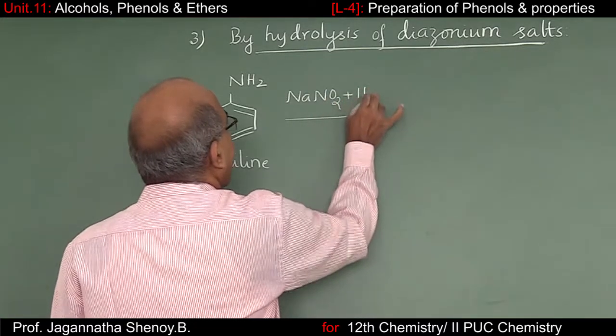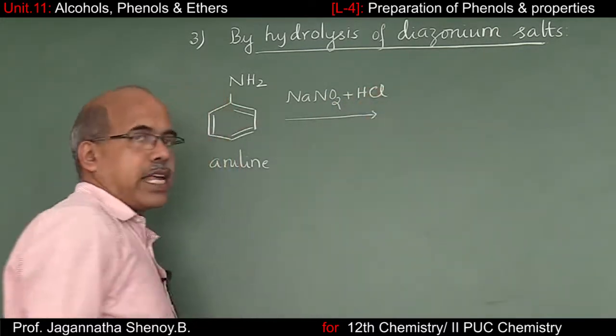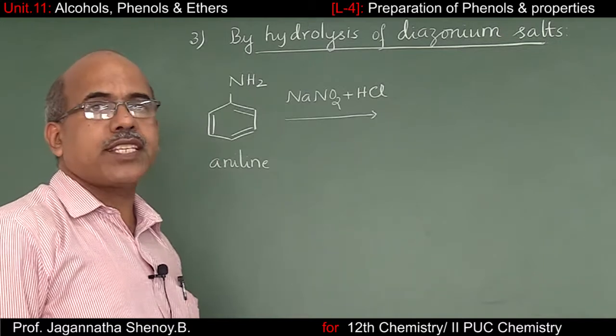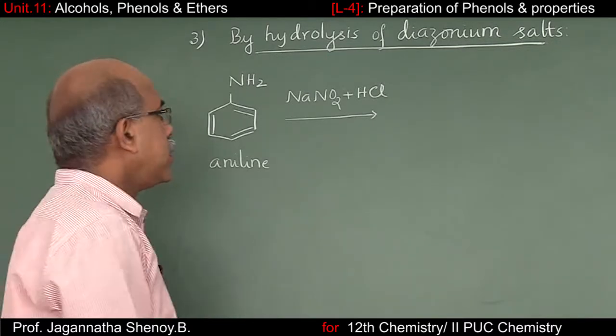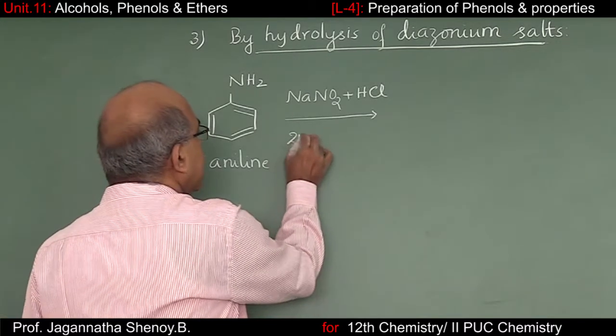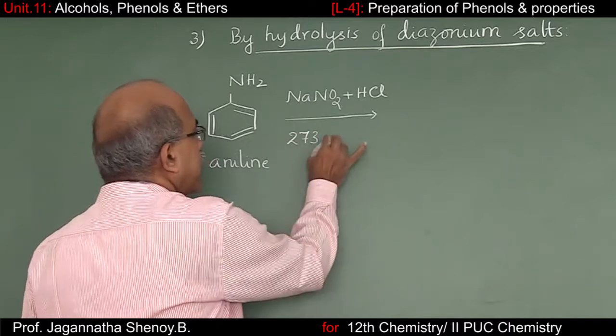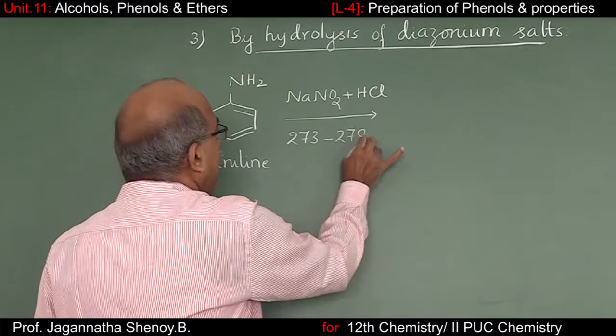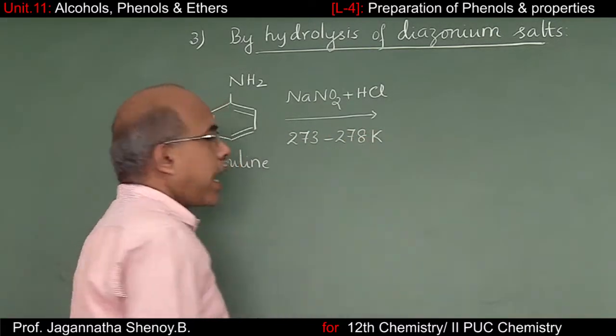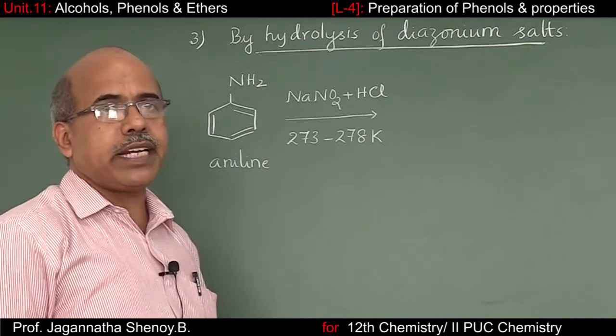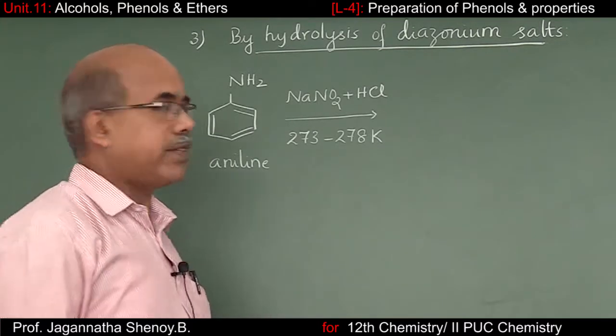You have NaNO2 and HCl. This will produce HNO2 at the reaction site, and you know temperature is the most important part in the diazotization reaction. We have to maintain the temperature between 273 Kelvin and 278 Kelvin.